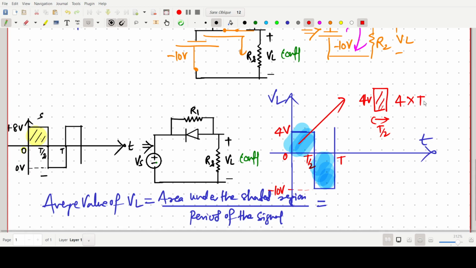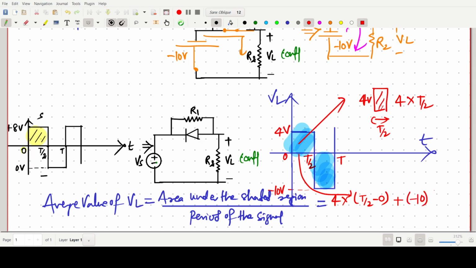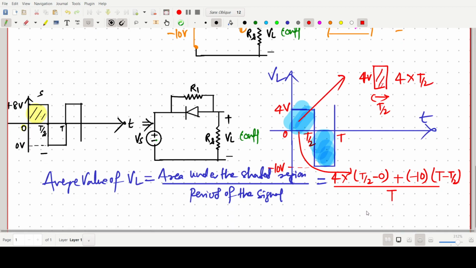So 4 into T by 2 we can write, or simply 4 into T by 2 minus 0 for this half. Clear? Plus minus 10 into T minus T by 2, divided by the whole period of the cycle, that is our T.